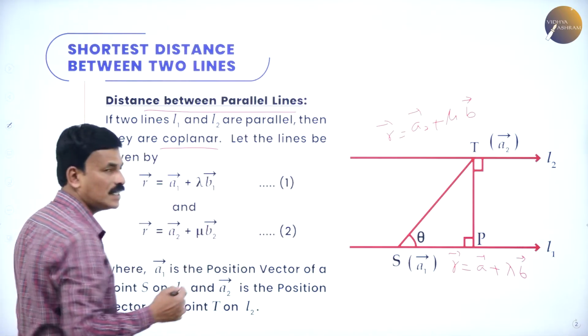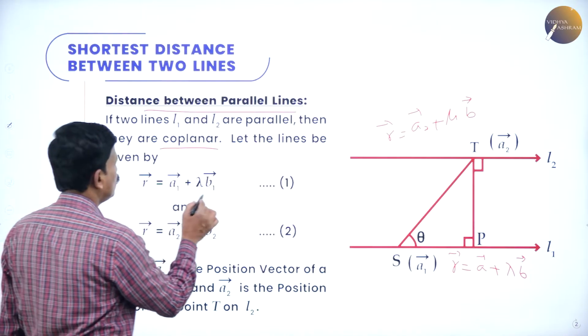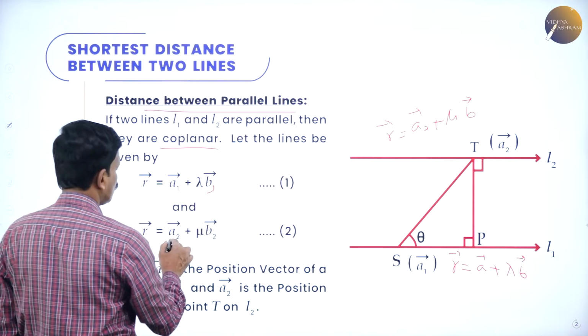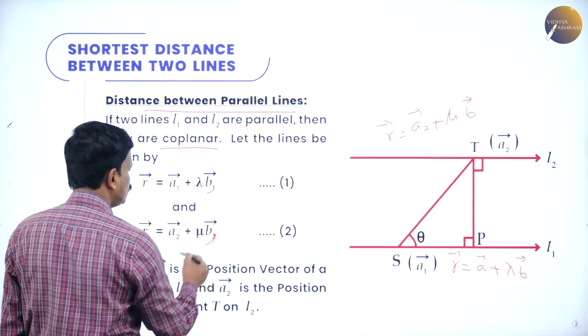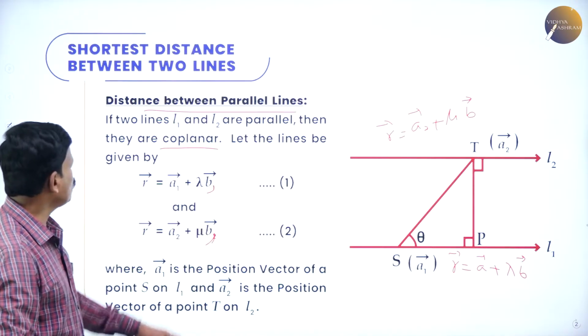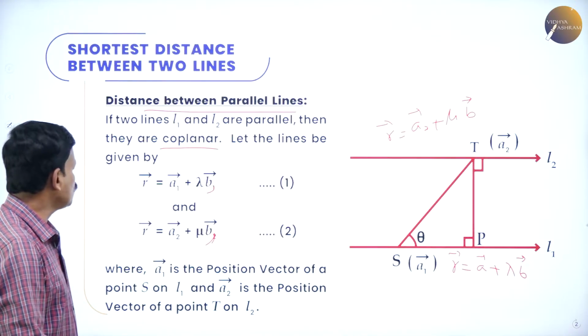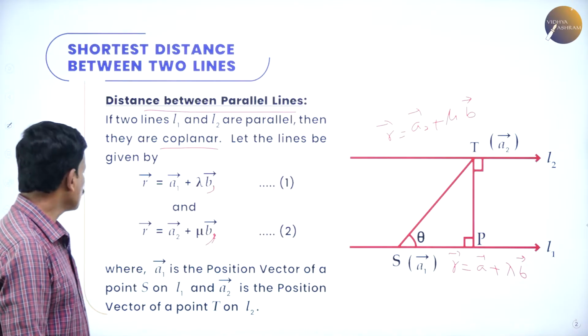So, let the lines be given by R is equal to A1 plus lambda into B, and R is equal to vector A2 plus mu into vector B. These are the two lines.